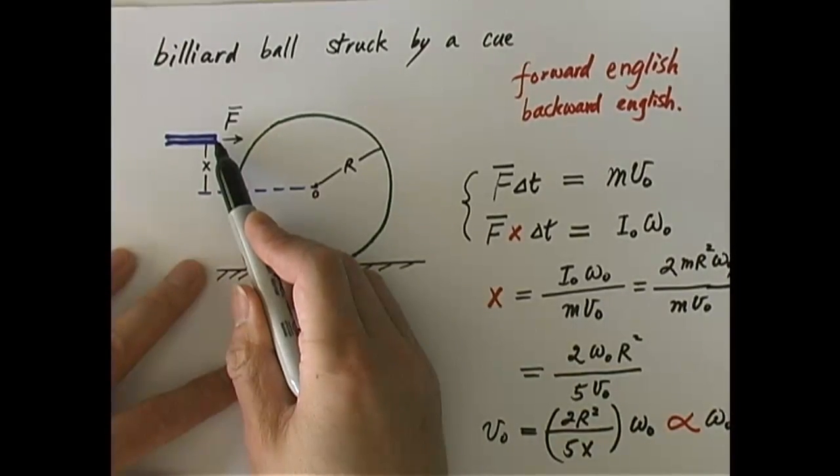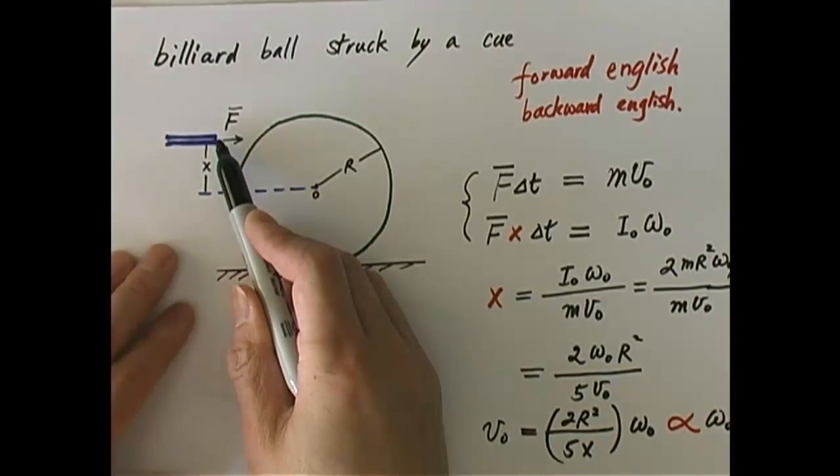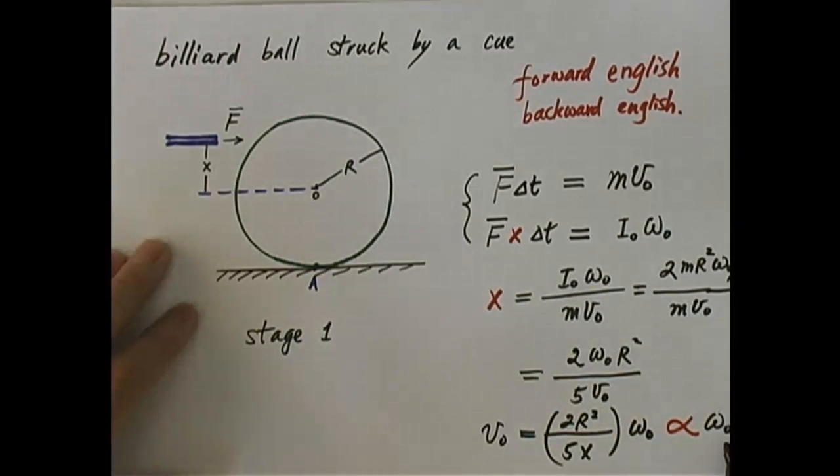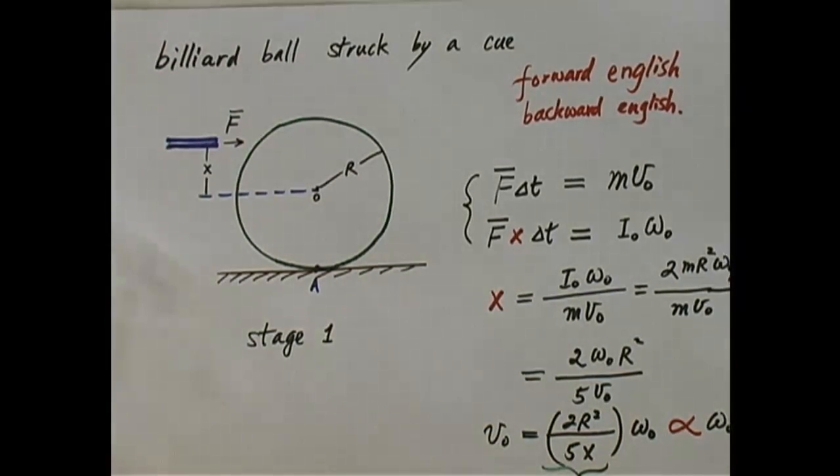If the force delivers a lot of angular impulse, it must also deliver a lot of linear impulse. So you can go faster, you can rotate faster. There is a constant of proportionality here, 2r squared over 5x, depending on where you strike it. Okay, so that is the end of the first stage. You acquire some linear speed and angular speed. Now let's look at the second stage.